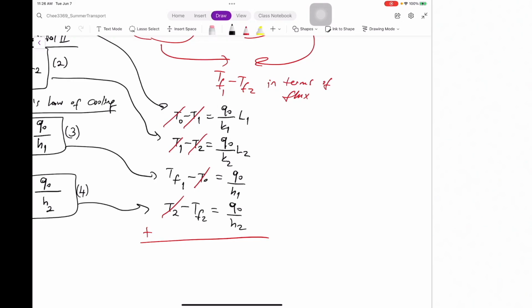So you have this nice difference between TF1 and TF2, which is nothing but the sum of all these terms, which is basically Q0 times L1 over K1 plus L2 over K2 plus 1 over H1 plus 1 over H2.